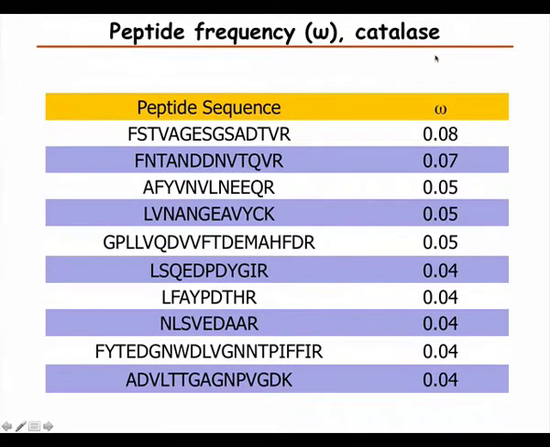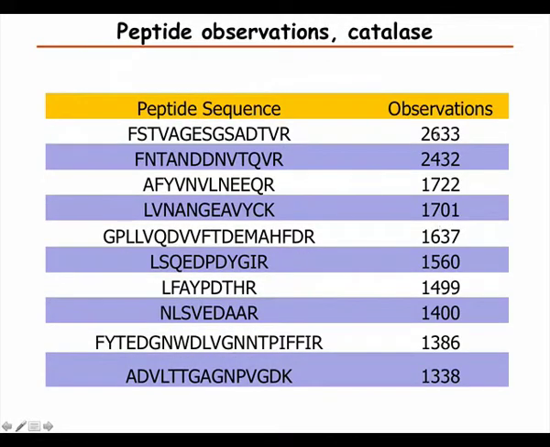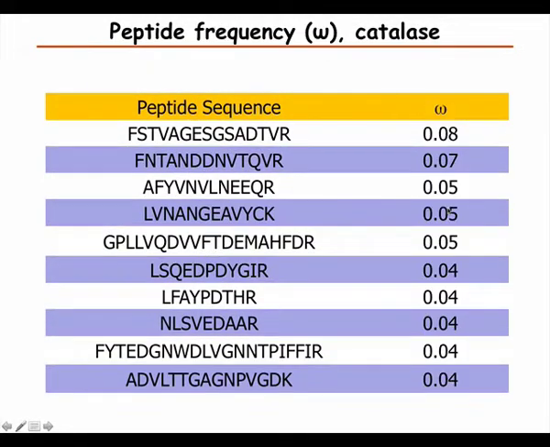So what we can also do is convert this into a peptide frequency, so that if we add up all the peptides that we observed, it should add up to the number of observations. So we add up this column, and it adds up to 1.